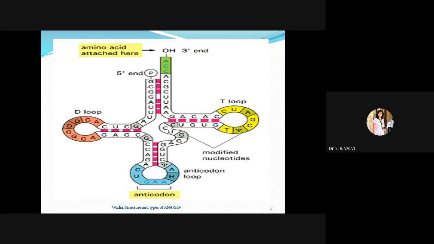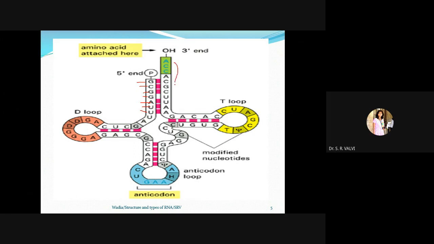You are observing all these G, C, G, G, A. These are nucleotide bases which are present, and because of them you are observing all this structure.